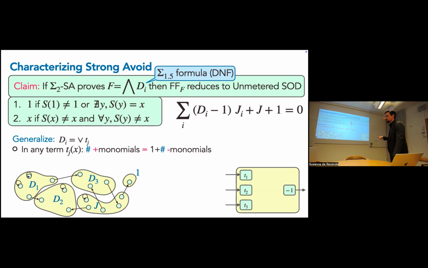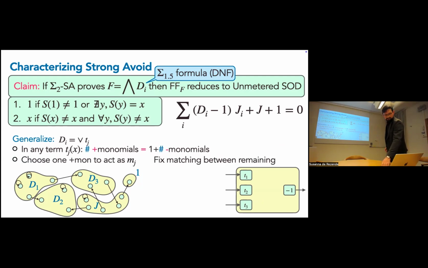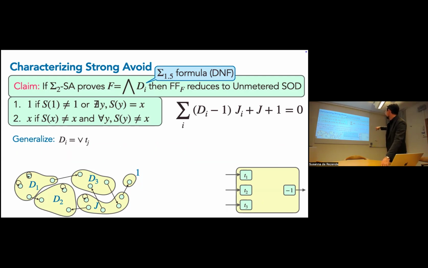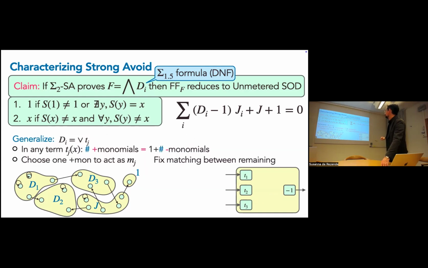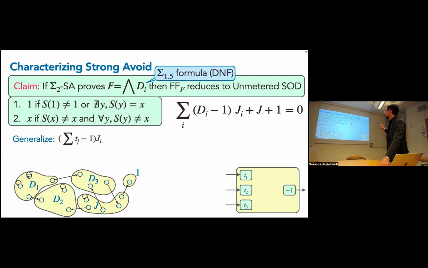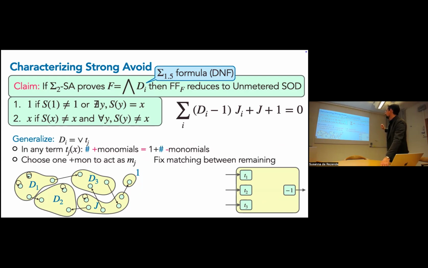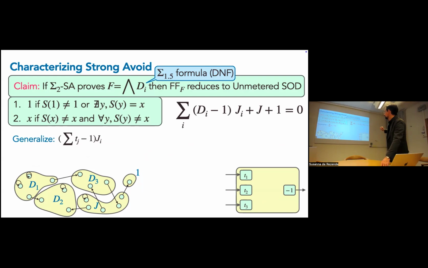So we can just fix a matching on them, and then it reduces to the previous case. So we choose 1 to act as the M_i from before, 1 positive monomial, and then we fix a matching between the remaining things. What we're crucially using here is the fact that each term is polylog width, so we can query it all and we can learn information about it.